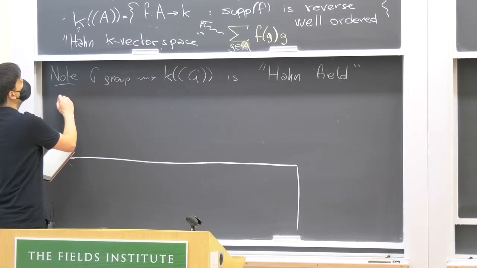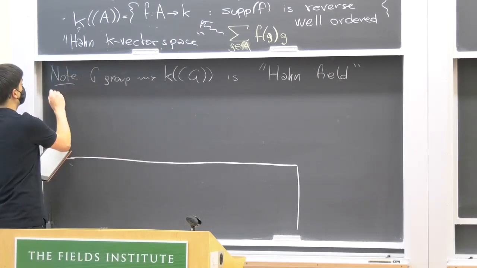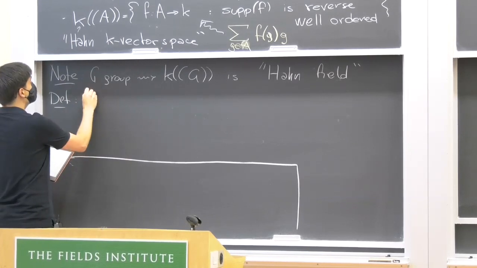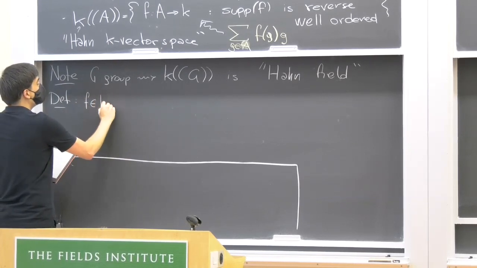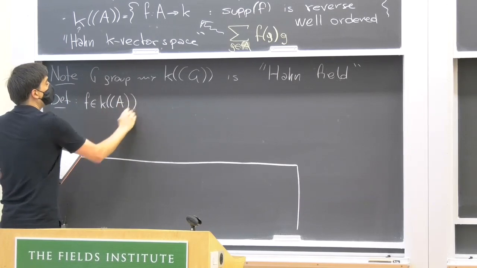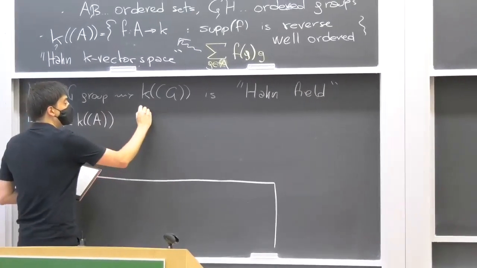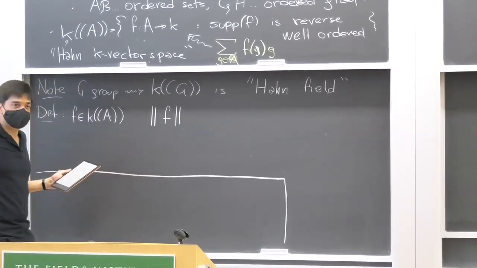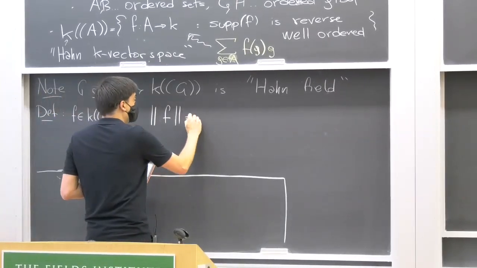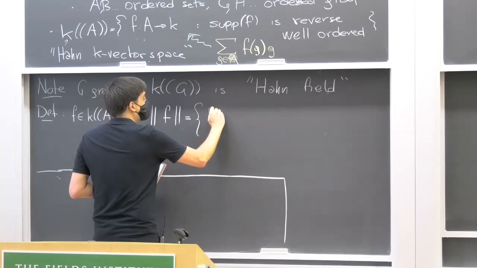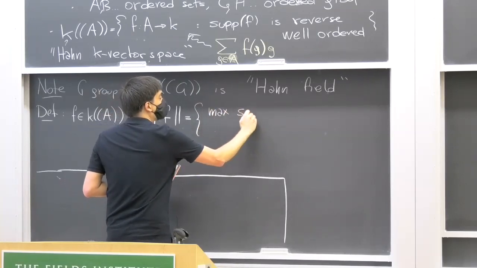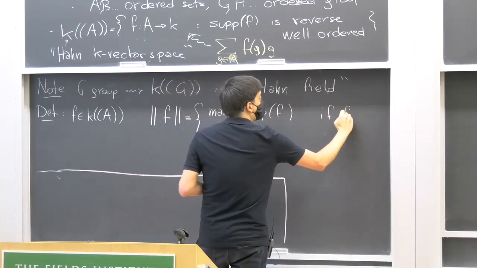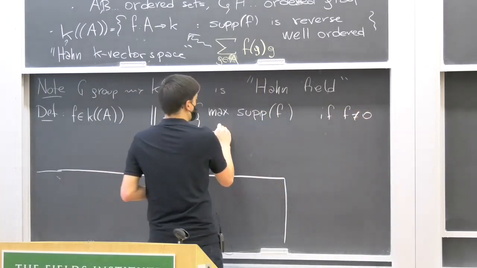And then another piece of notation, definition as you want. For f in K double bracket A, the, shall we say, norm of f is the maximum of the support of f if f is not 0, and 0 otherwise.